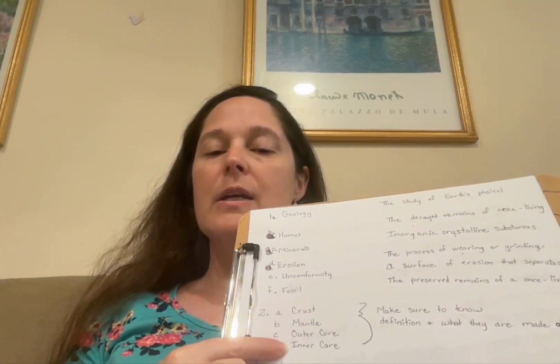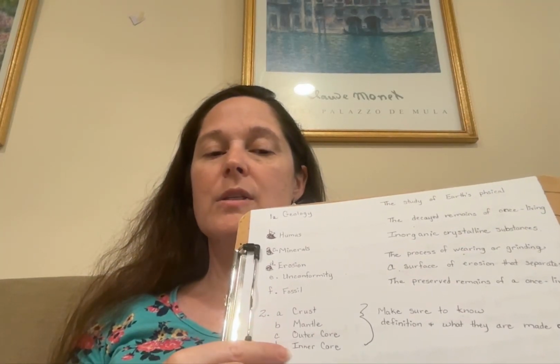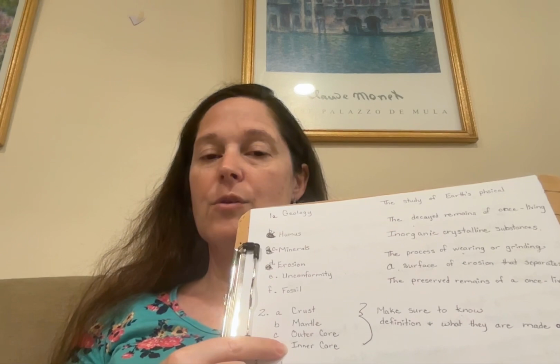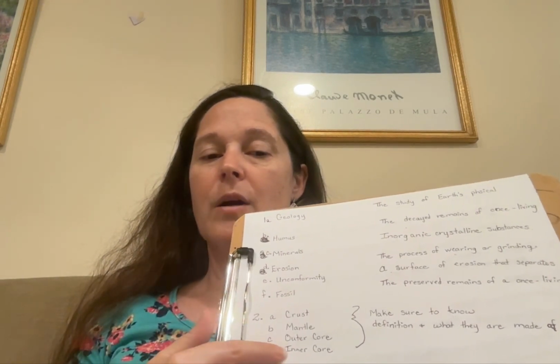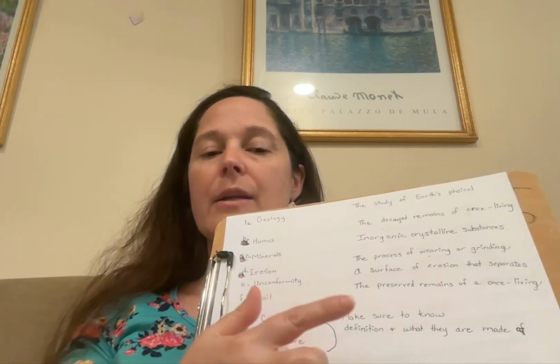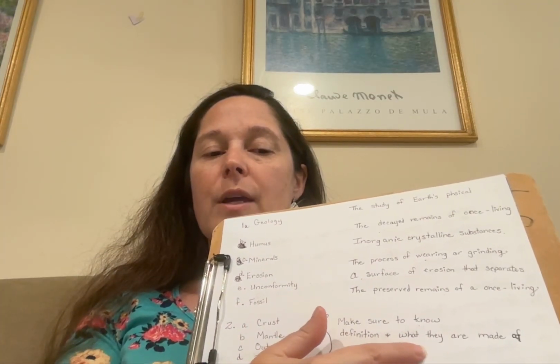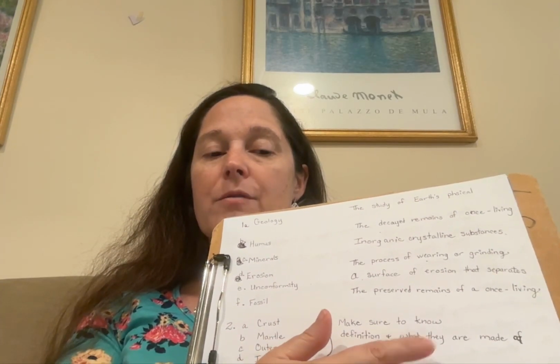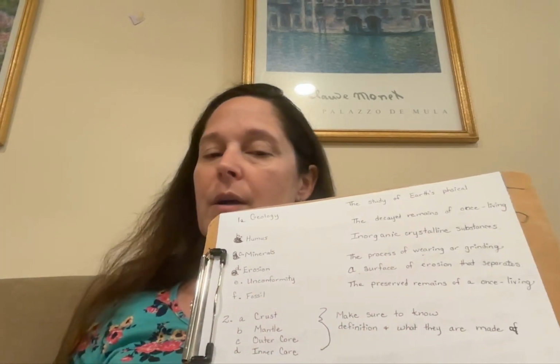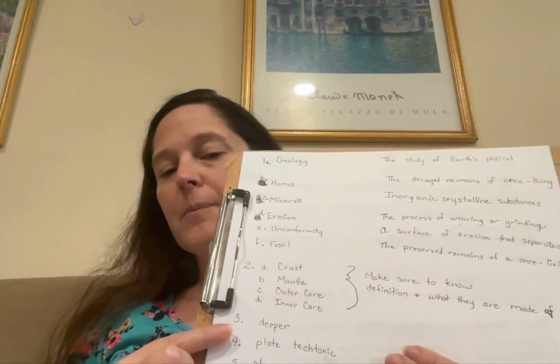And then you have the inner core, which is the solid nickel, along with another type of rock. But make sure you go back and you check out the definitions and what they're made up of in your journal pages.